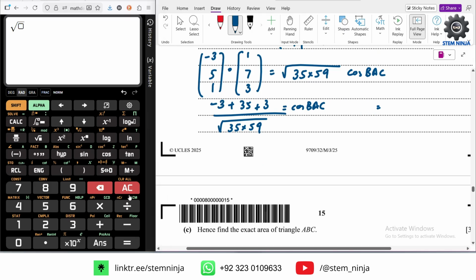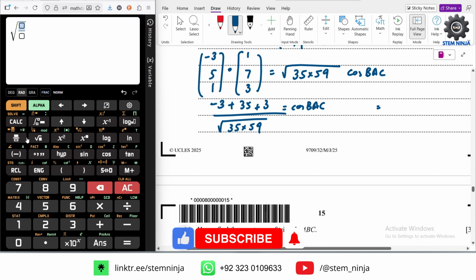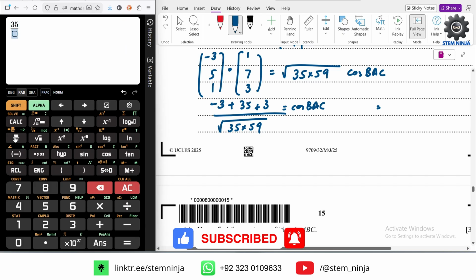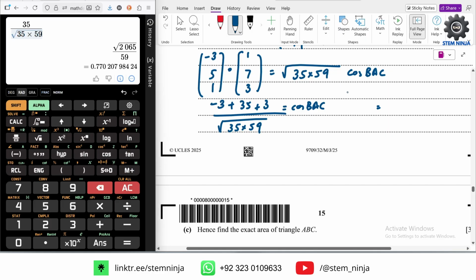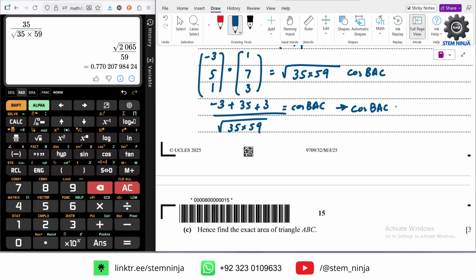So you have 35 divided by square root of 35 times square root of 59, which is going to be, 35 divided by square root of 35 is just going to be square root of 35 over square root of 59.